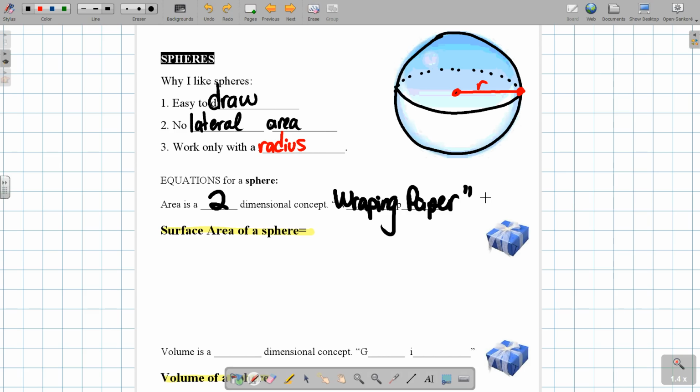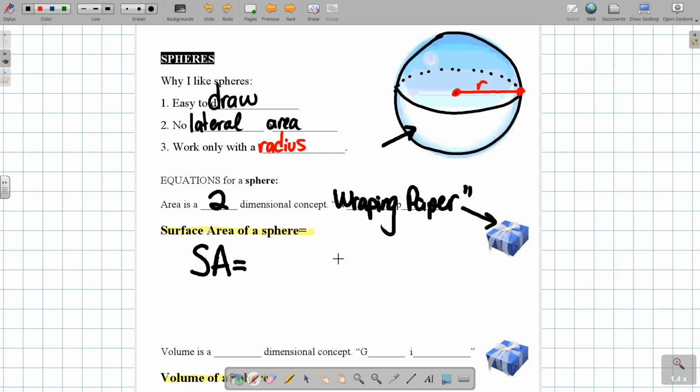So if this right here was a basketball, and I wanted to know how much material was needed on the outside, the outer rubber material to make the basketball, that would be a surface area concept. And to find the surface area of a sphere, we put SA. It's like wrapping paper, the outer portion.